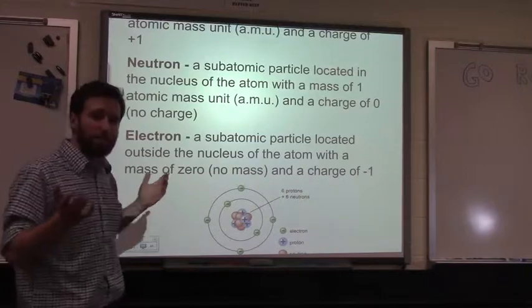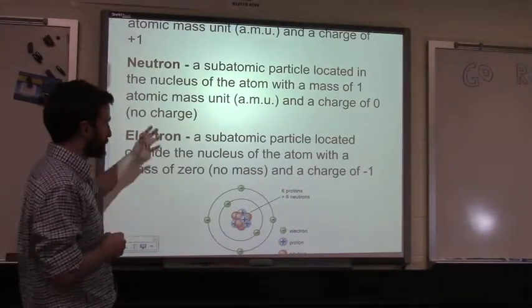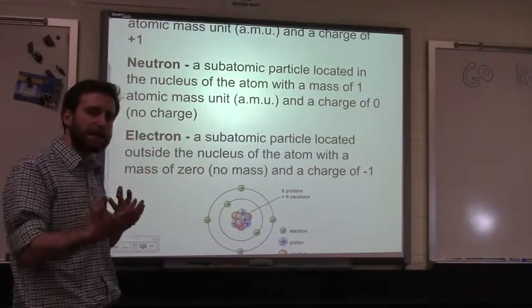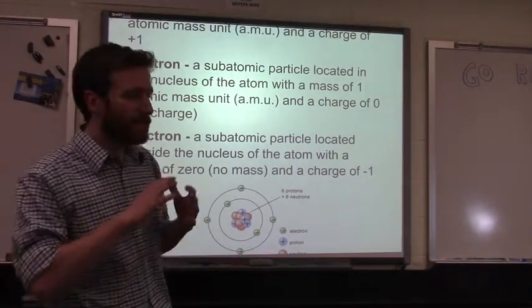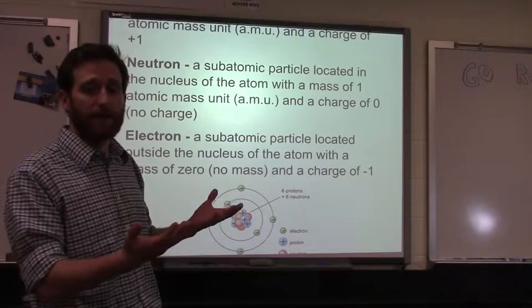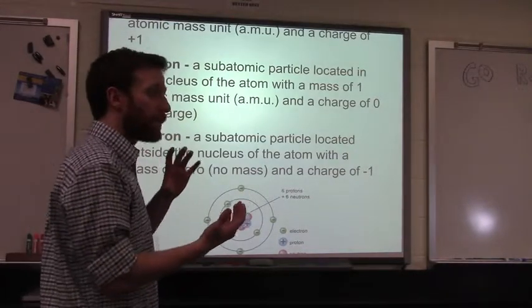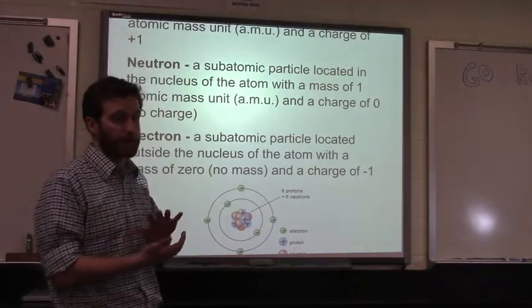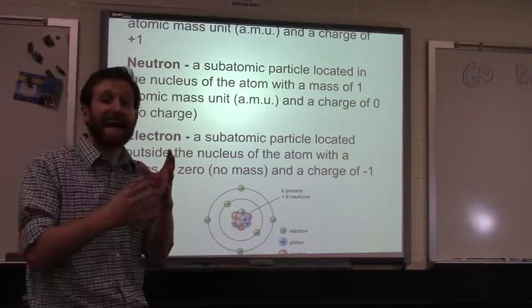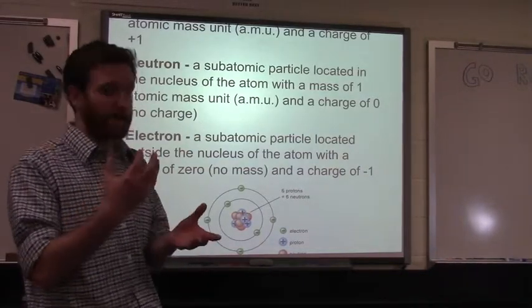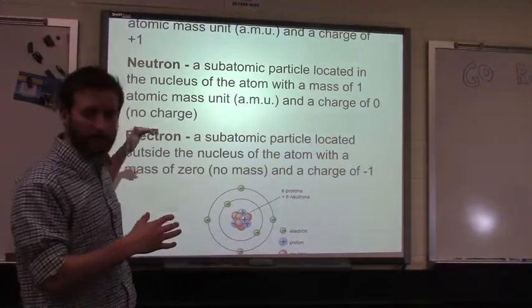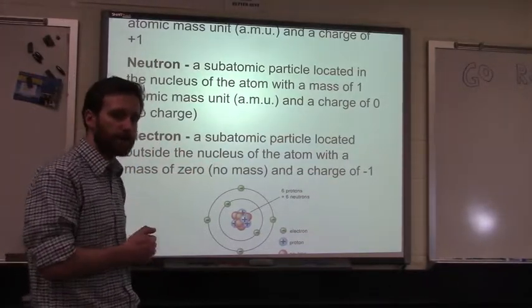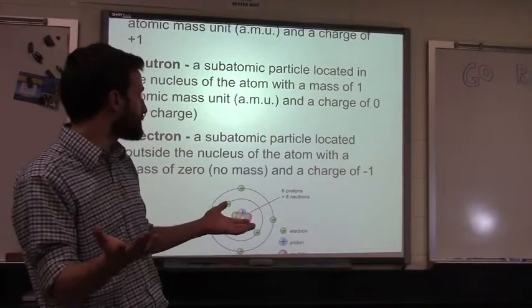The last major subatomic particle, of course there's more than just these 3, but the last major subatomic particle is the electron. Now that's located outside of the nucleus, and what quantum mechanics really did, which we'll study in topic 4, is explain how the electrons exist outside the nucleus and what that looks like. But for right now, just know that an electron is a subatomic particle located outside of the nucleus.